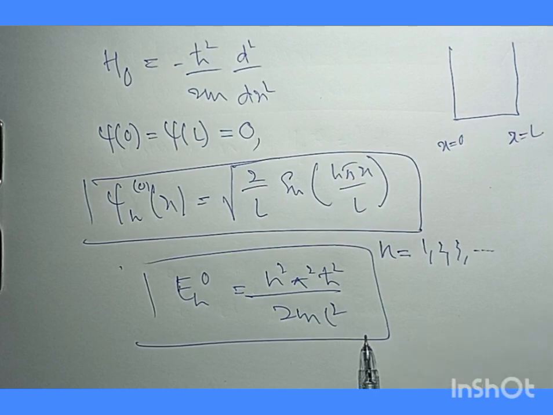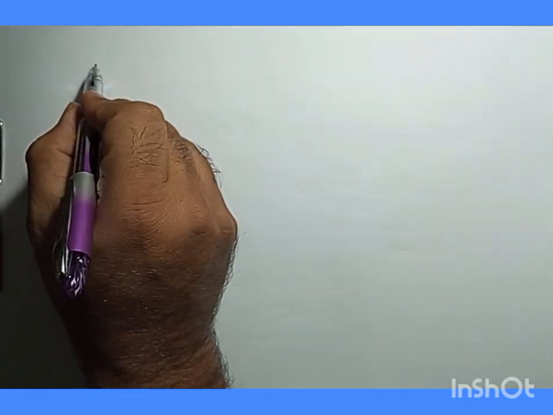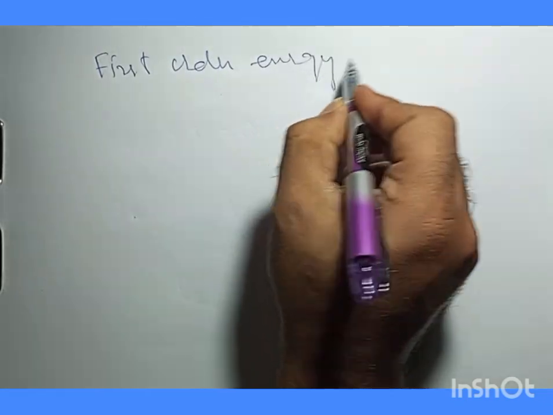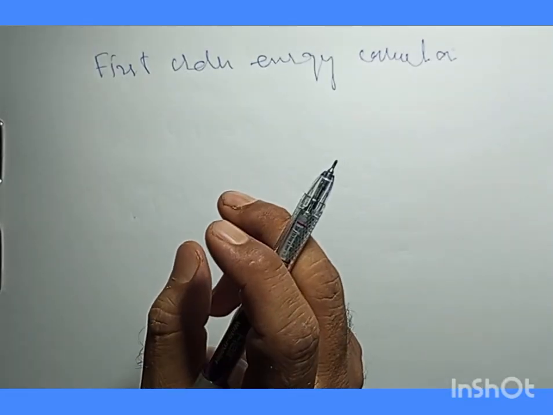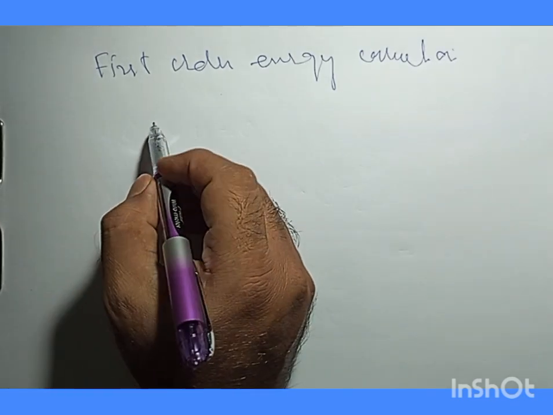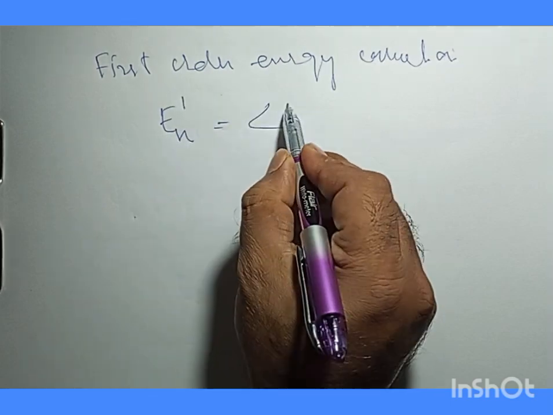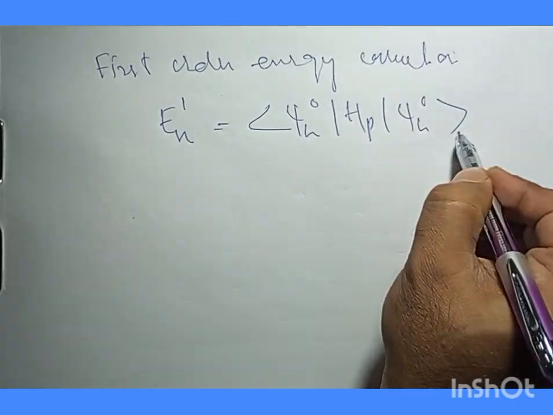Now, what we want to calculate here is the first order energy correction, and the perturbation is given. This first order energy correction in non-degenerate perturbation theory, which we have already calculated, is En1, and this En1 is nothing but the matrix element of psi n0, Hp, psi n0.